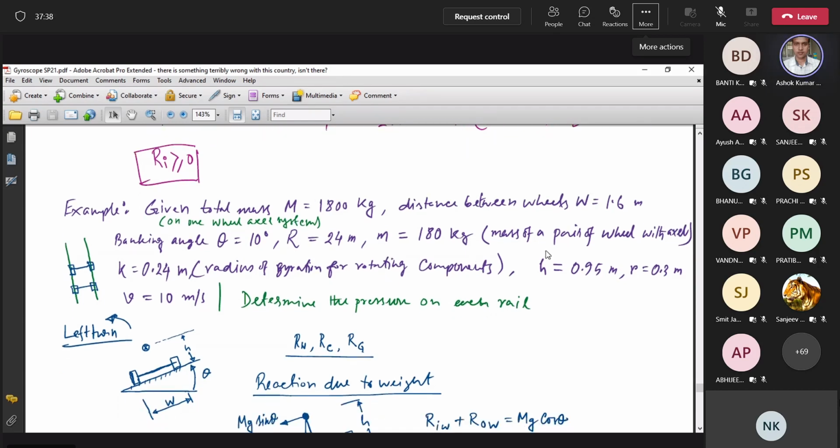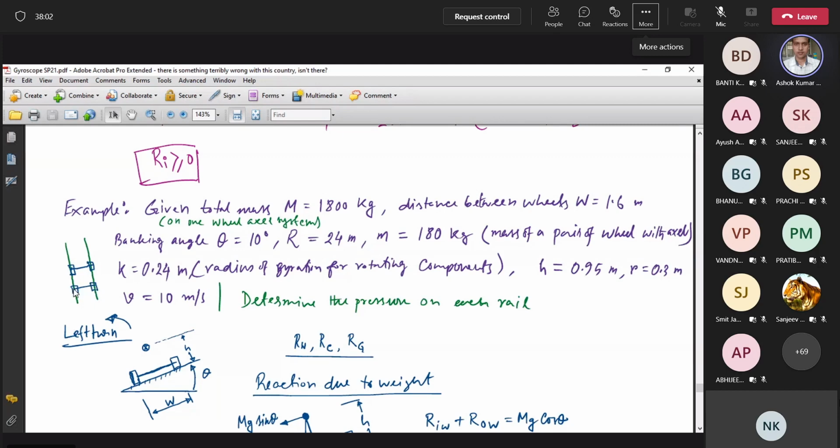Mass of a pair of wheels with axle, whatever the rotating mass. You can consider this axle is rotating in a railway wheel axle system. The axle is a rotating component, and these wheels are also rotating components.